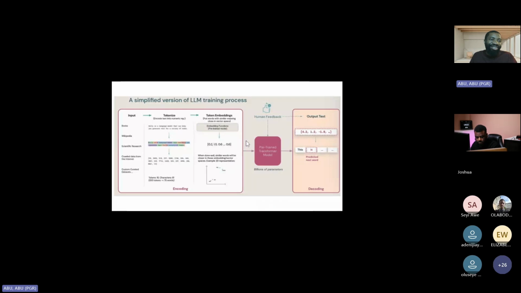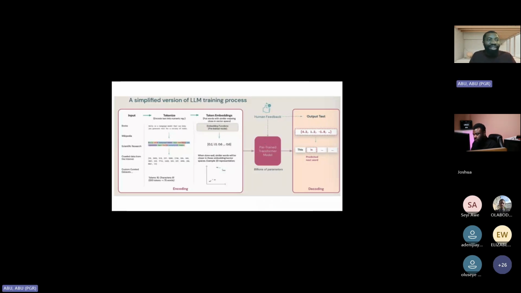So I'll just be silent on what goes on at this middle place, right? But we know that some computation goes in here, and then at the outputs, that number that you converted in the encoder now gets converted back into text, right? And then it outputs it to the user.